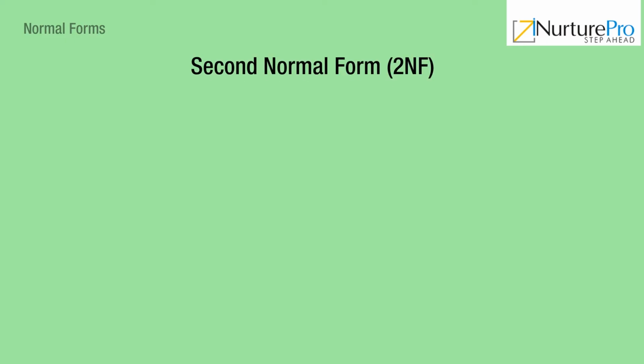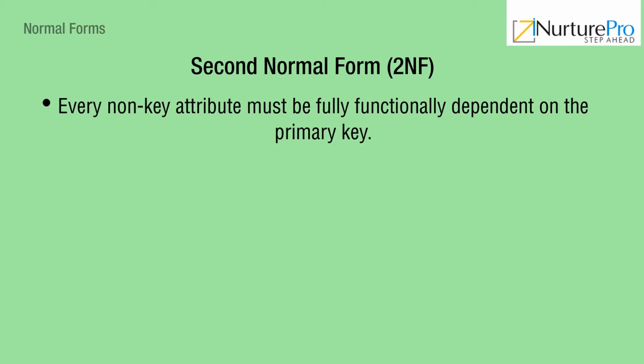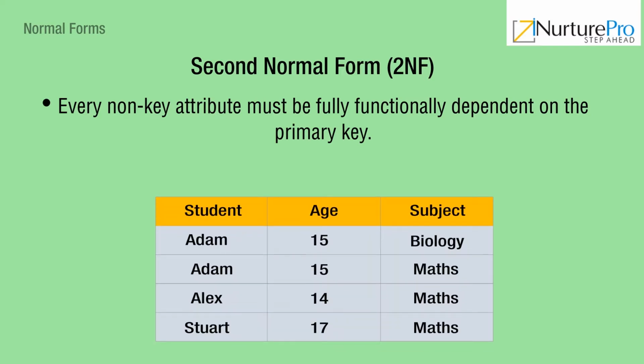Now, let us look into second normal form. A relation is said to be in second normal form if it is in first normal form and every non-key attribute is fully functionally dependent on the primary key. Let us take the same student table, which is already in first normal form.